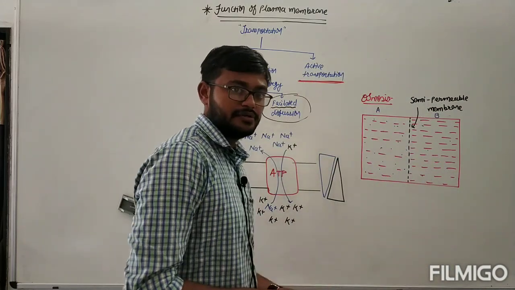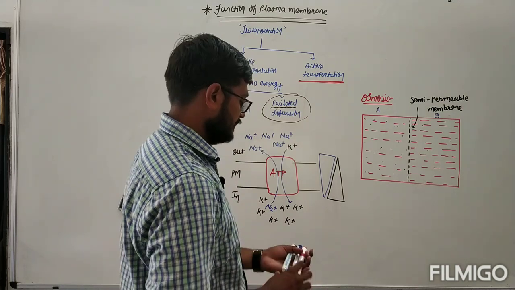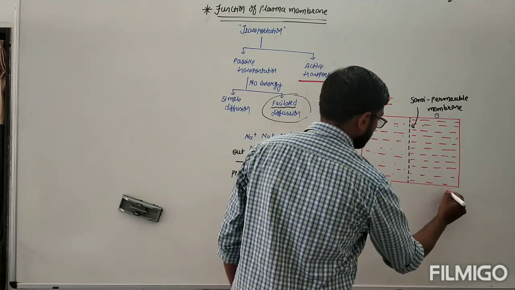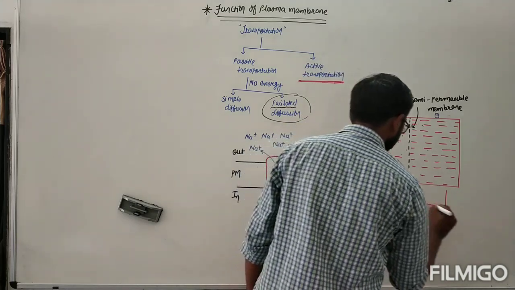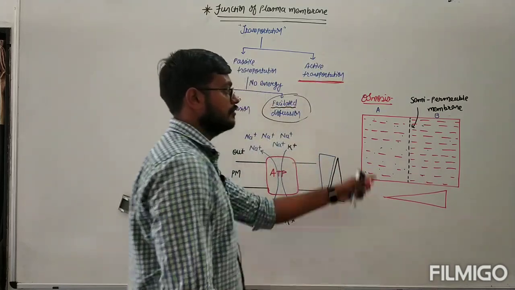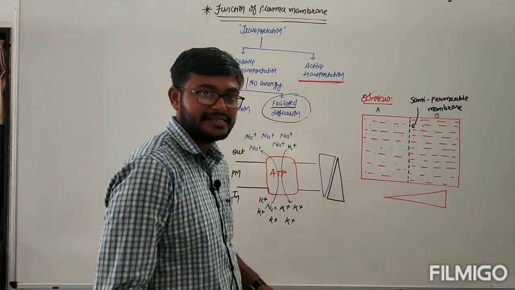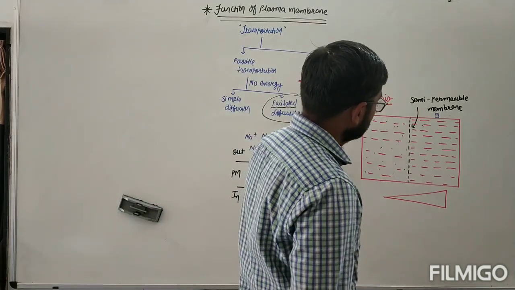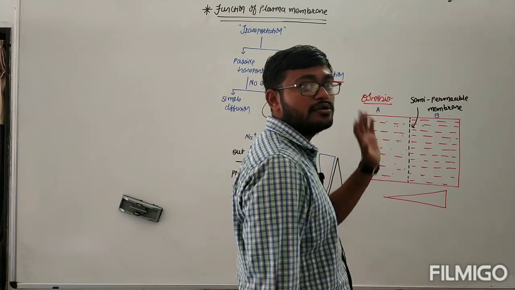So now what happens over here? If we draw the slope of water, you can see that the concentration of water on the B side is higher and on the A side is less. As I have told you, the semi-permeable membrane only allows which molecule to transport? Solvent.